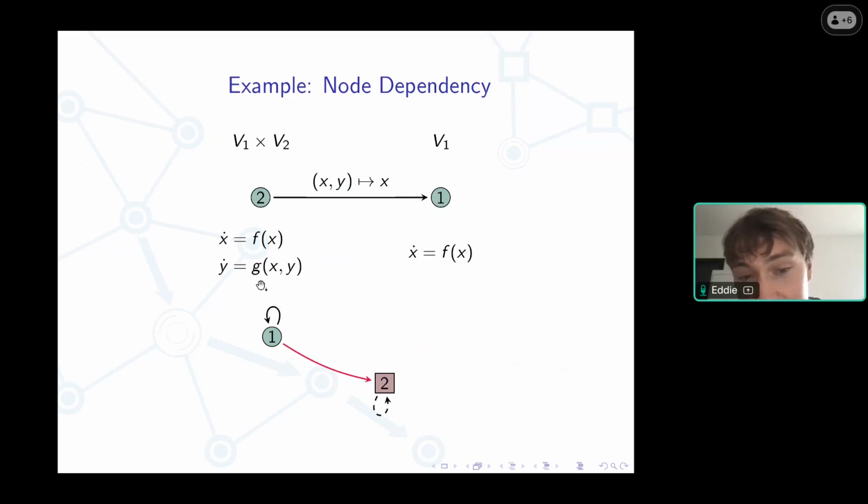We've encapsulated that x only depends on itself, whereas the variable y depends on both. And if you recall, this form was equivalent to it being one component of the two-component ODE that is a quiver symmetric system.